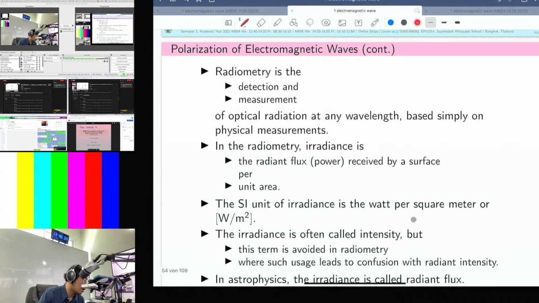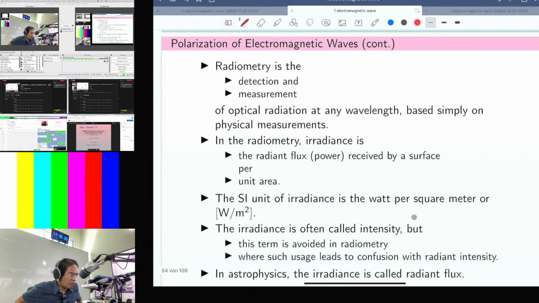We will talk about the intensity, but before we talk about the intensity calculation, we need to know some areas in physics. Radiometry is the detection and measurement of optical radiation at any wavelength.